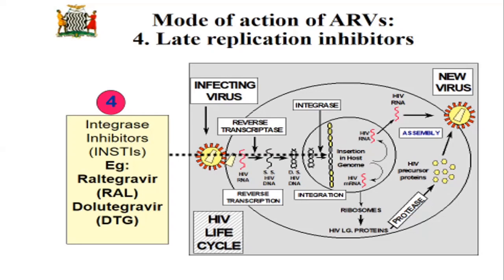So this integrase is the enzyme that helps to insert the HIV DNA into the human DNA. Therefore, this drug prevents this enzyme from helping the HIV DNA to integrate into the human genome. So this is the function of the third class of ART.